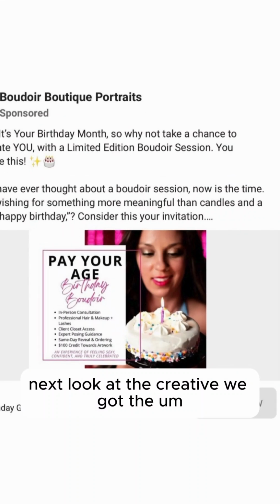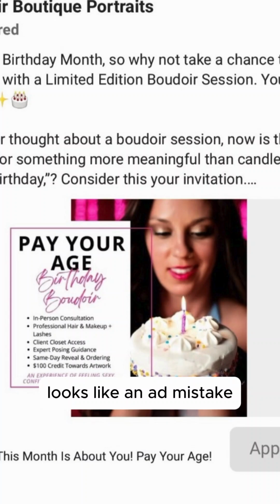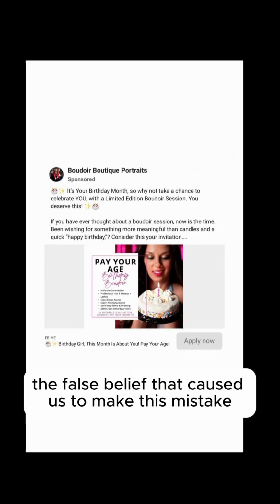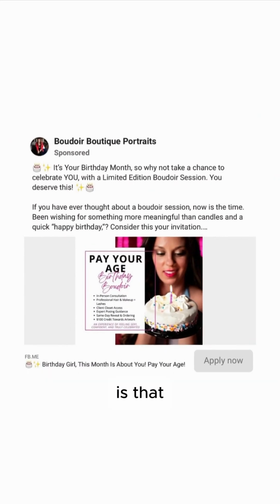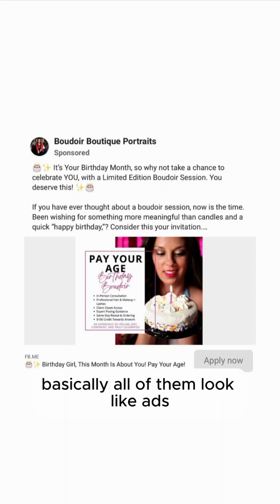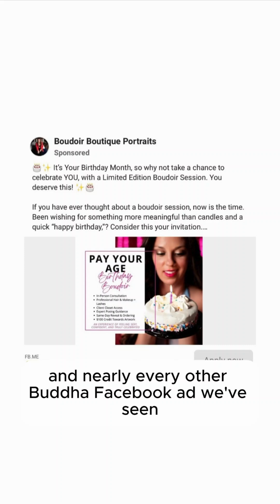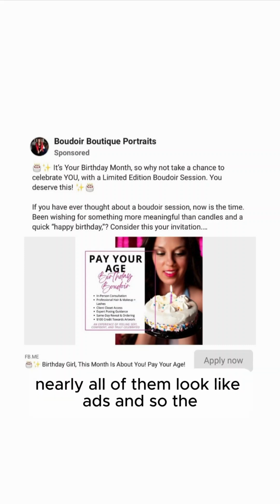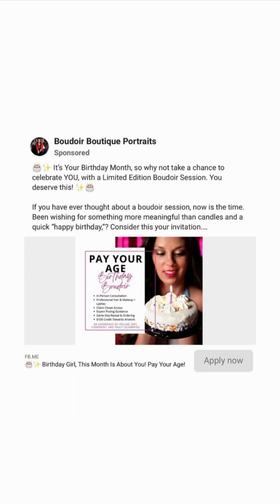Next, look at the creative. We've got the looks like an ad mistake. The false belief that caused us to make this mistake is that we make it look like an ad, because basically every other Facebook ad we've seen looks like an ad, and nearly every other Boudoir Facebook ad we've seen looks like an ad.